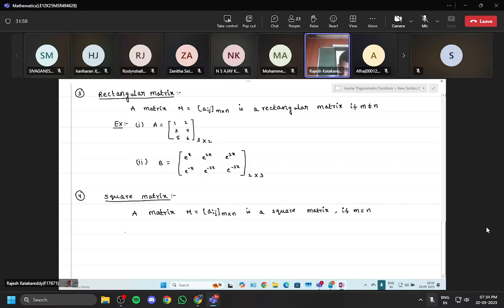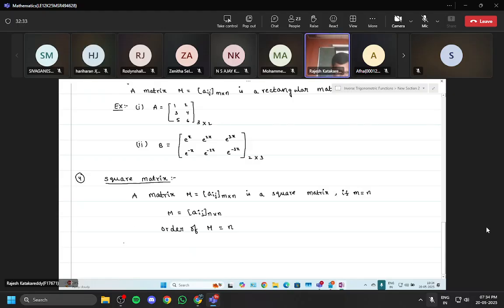So now in general, M is equals to Aij, the order will be N by N. Instead of writing N by N, we'll write N. For a square matrix alone, we will use this, not for the remaining matrices. If it is a rectangular matrix or some other matrix, we use number of rows and number of columns. But if it is a square matrix, we will just use a row or column. We'll mention A is a square matrix of order 3, that is a matrix of order 3 by 3. Clear?